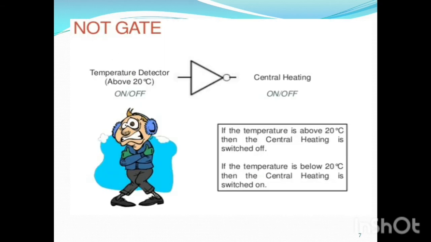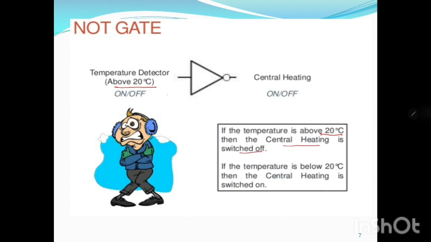Logically, consider the example of this temperature detector. Suppose your temperature is above a certain level, 20 degrees, then we have to make the central heating off.